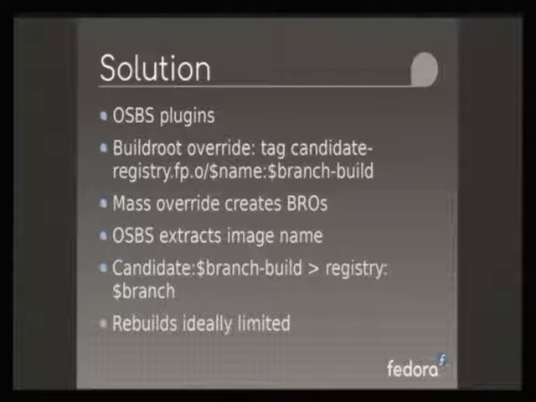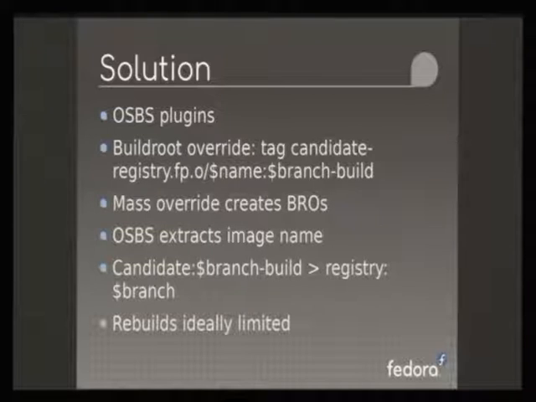One of the things we came up with is, instead of pushing everything out to the stable registry between layers and then building from there, to instead add a build override system. I'm going to assume that most people here are at least somewhat aware of how build root overrides work for RPMs.